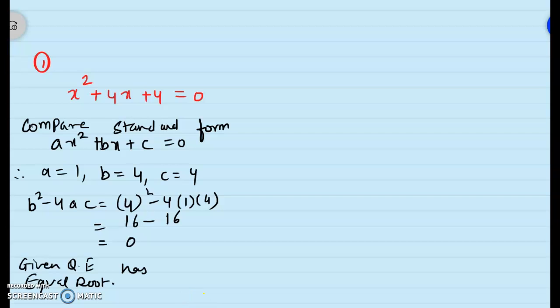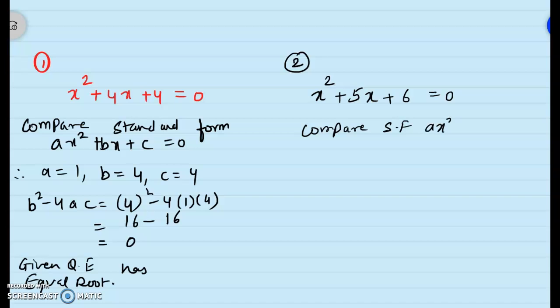Let us take one last example, the second one: x squared plus 5x plus 6 equals 0. Comparing with the standard form, ax squared plus bx plus c equals 0, I get a as 1, b as 5 and c as 6.